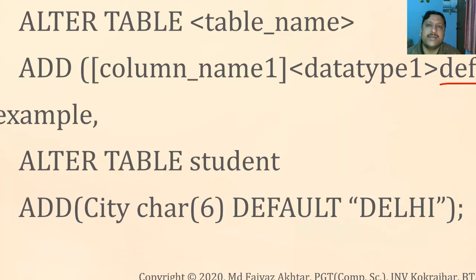By default all 10 rows would be filled with null values if this constraint is not given. Once this constraint is given, in place of null values the word Delhi will be inserted for all 10 rows. This is known as the default value.